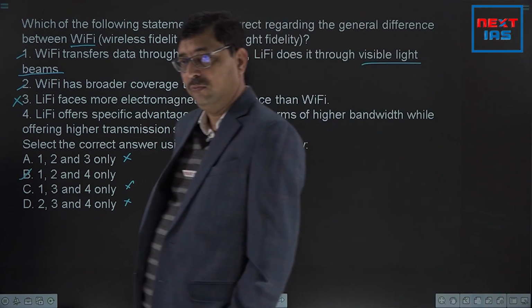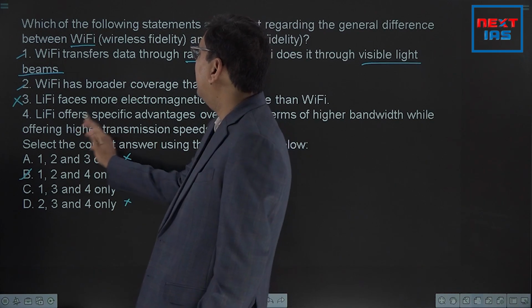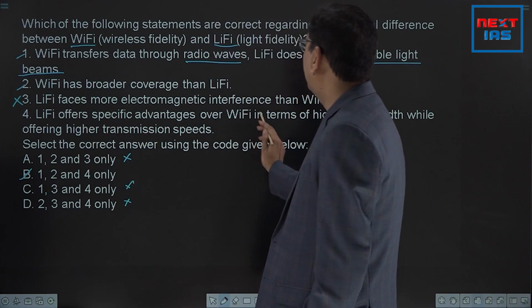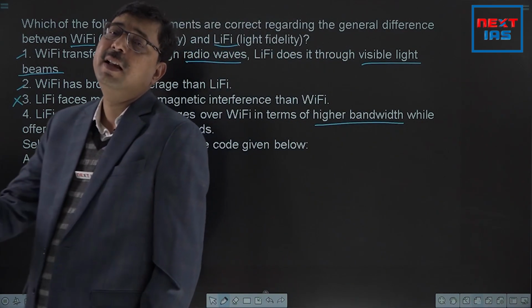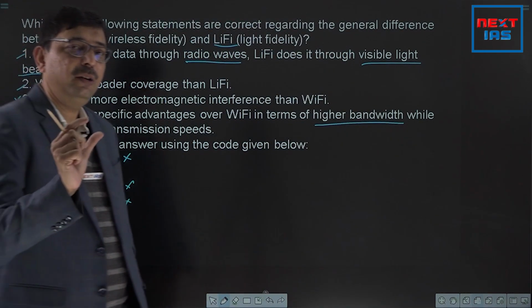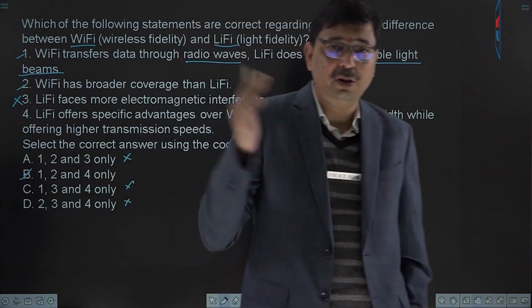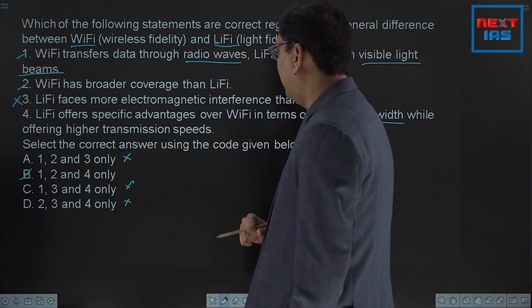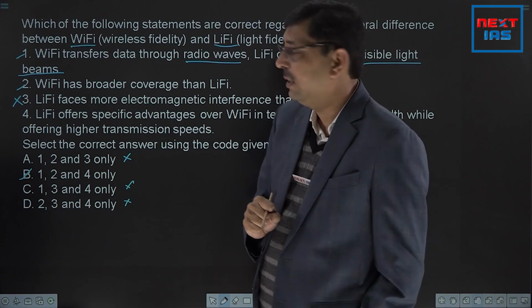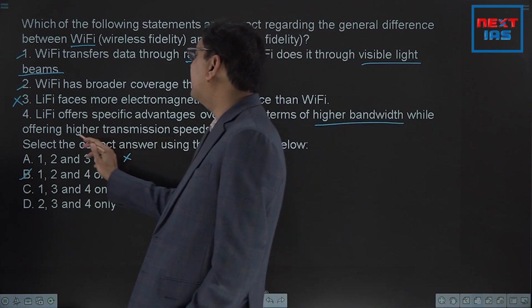Obviously, the fourth statement also. LiFi offers specific advantages over Wi-Fi in terms of higher bandwidth. Yes, it has higher bandwidth, meaning the difference in the range of the frequencies, from VIBGYOR, from violet to red. So the range of frequencies used is much broader than that used in the case of Wi-Fi, and higher transmission speed.